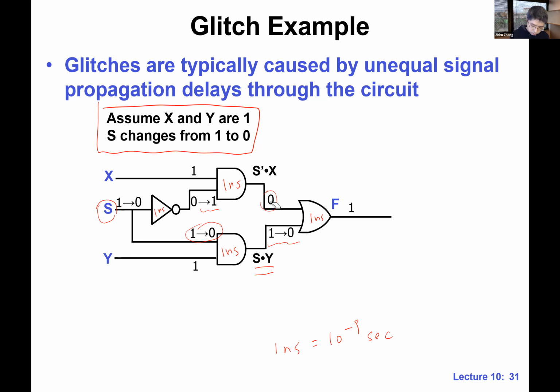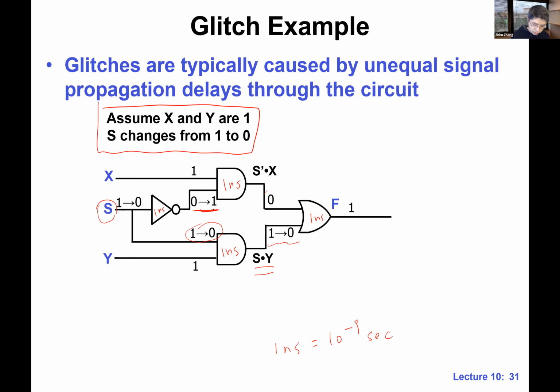Oh no, there's a change here as well, because in the next nanosecond, but initially no change here, right? So first we look at the inverter. Each timestamp means each period is 1 nanosecond.